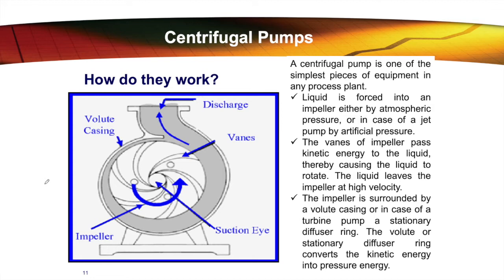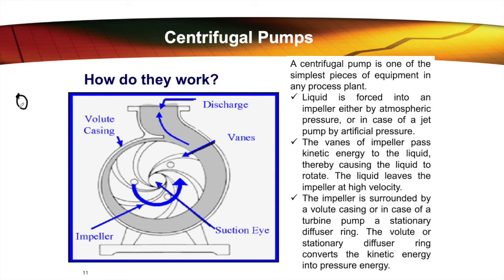The liquid will be forced into an impeller by atmospheric pressure. This pump is actually in the lab, so those who go to the lab will see these kinds of pumps. Each of the equipments uses a centrifugal pump.